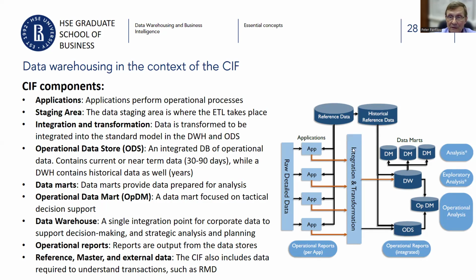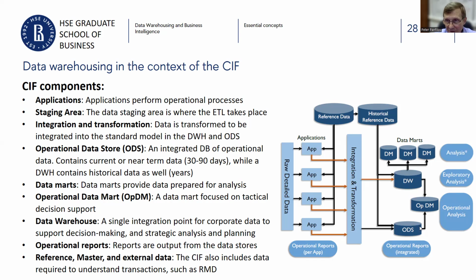Integration and transformation is the element of the architecture where data is transformed to be integrated into a standard model in the data warehouse or in the operational data store. Essentially, here we clean data, transform data, and format data to be included into the data warehouse.